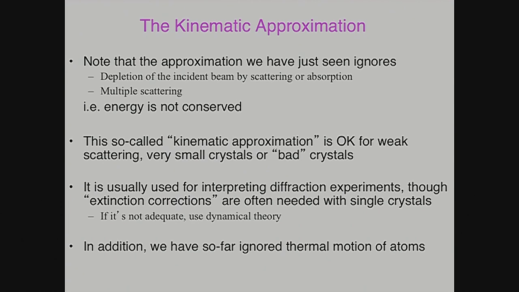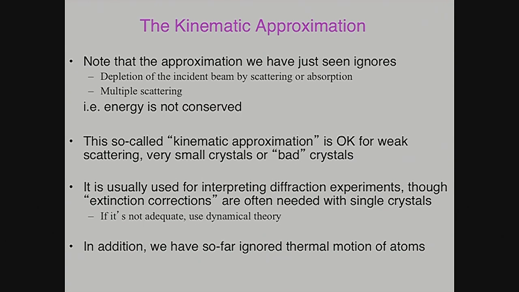That's not included in what I've told you about. In many cases, that's okay, but it also means that energy isn't conserved. So in some cases, that turns out to be important, in particular for reflectivity experiments.